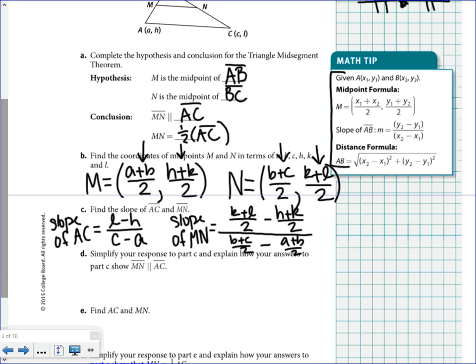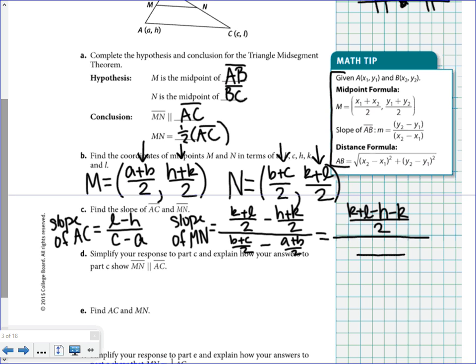So, first thing we're going to want to do here, your numerator has divided by 2. So we are going to start with K plus L minus H plus K is going to become minus H minus K, all over 2. We're going to combine those two fractions into 1. Same thing in the denominator.